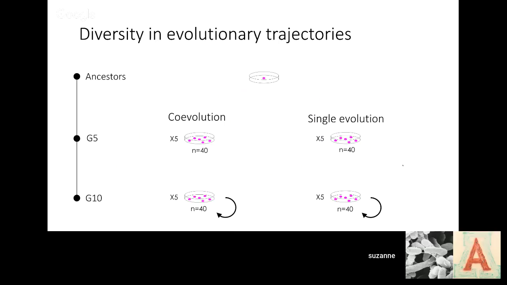The next thing that we looked at was basically the diversity in evolutionary trajectories. So this is basically answering the question of whether coevolution with a defensive symbiont favors more diverse evolution, and we approached that by looking at the pairwise distances between the replicate lines within the same treatment.